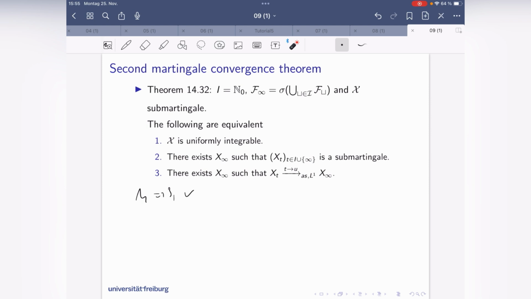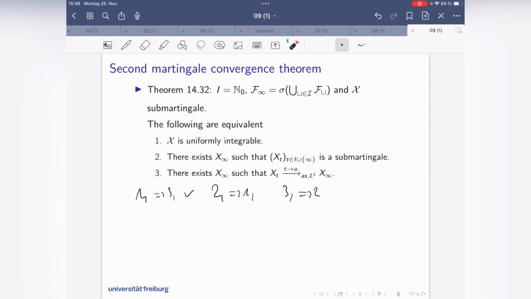And if this here is a martingale, x infinity is this random variable such that all the conditional expectations are at most smaller, which means they're uniformly integrable. So from 2 to 1 we also have it, and we need from 3 to 2. From 3 to 2, and then we have it. Then we come all the way to equivalence.